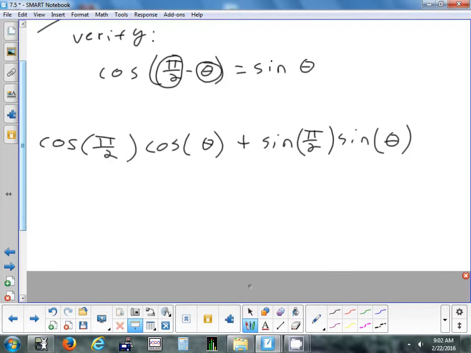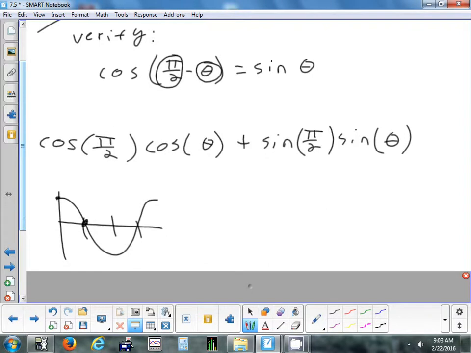Okay, let's sketch cosine. Cosine starts at the top, comes down, and back up. So 0, 90, 180, 270, 360. All right, so when I'm at 90, what's my y value on that graph? 0.